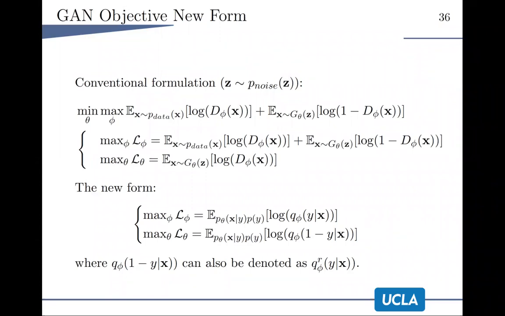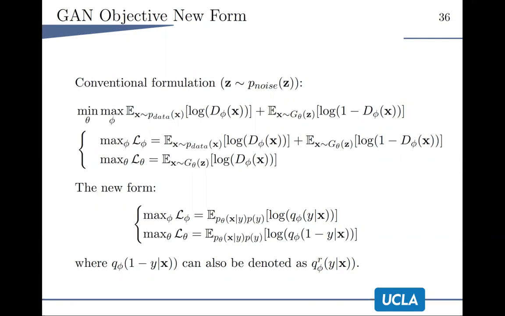If we go back to the original equation, once the discriminator is fixed, we try to learn the best theta, in other words the best generator, to fool that discriminator. Then everything is quite natural.